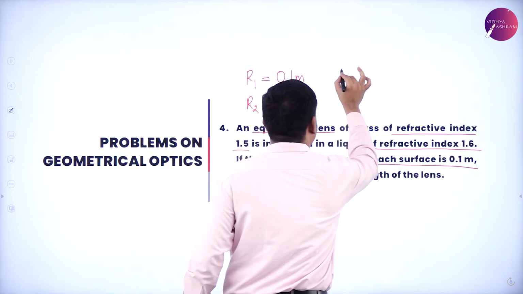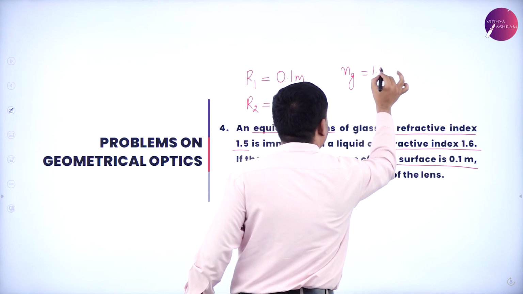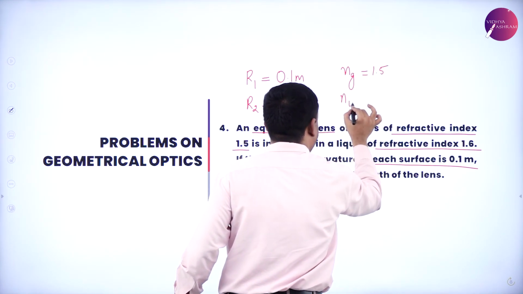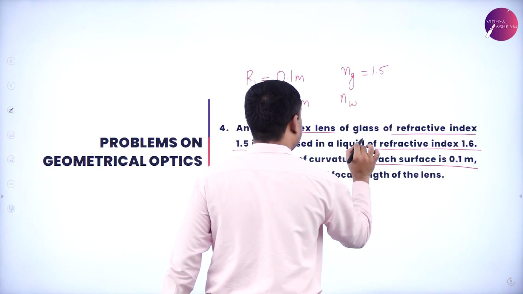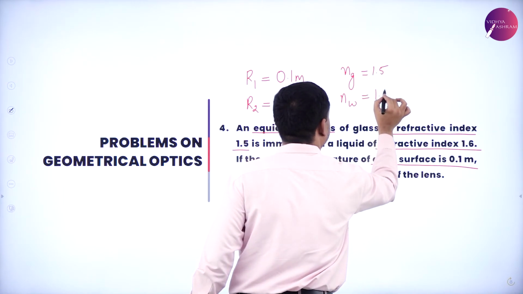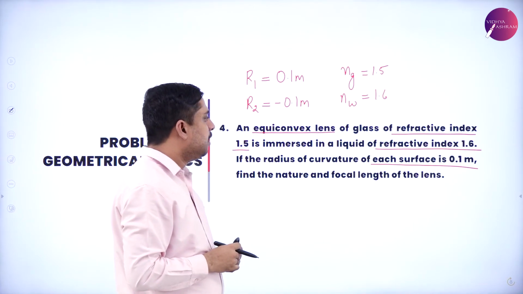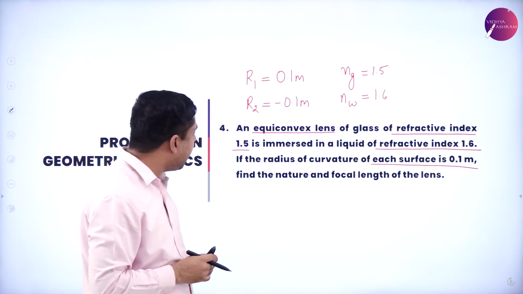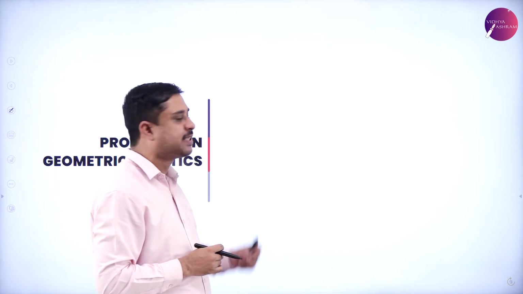Refractive index of glass is given as 1.5. Refractive index of the liquid is given as 1.6. We have to calculate the nature and focal length of the lens.